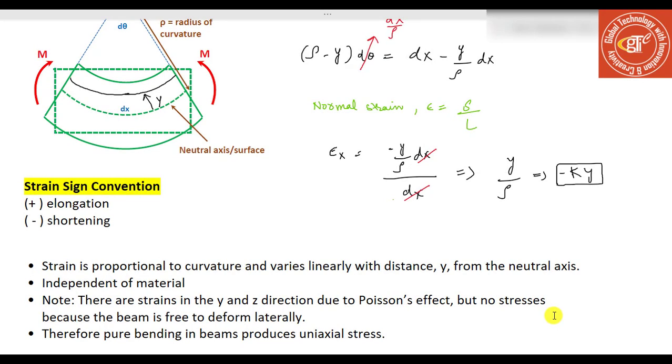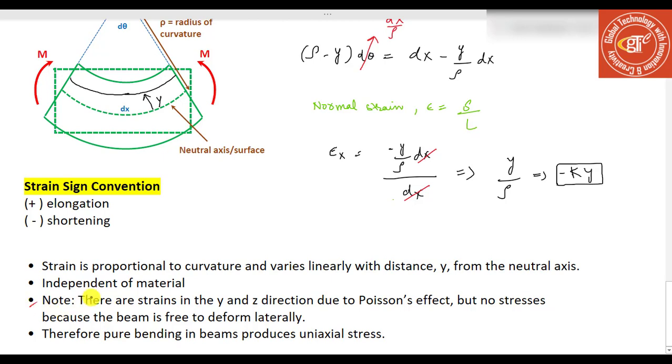Either above or below, we are going to get more and more strain, and that strain is proportional to the curvature of the beam. Sign convention is the same as we used before. If it is in tension, then it elongates, that's positive, and here we took y being above the neutral axis, so we were in compression and we say that the strain was negative, and this is independent of the material.